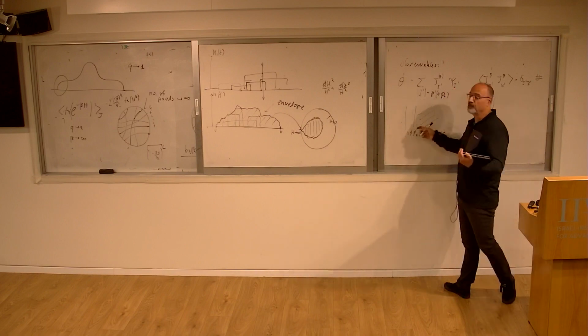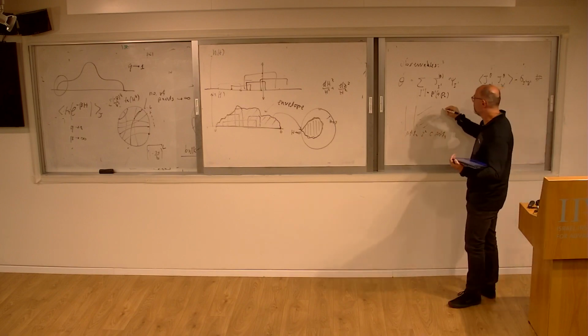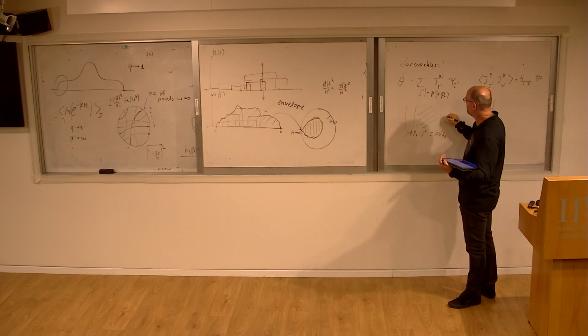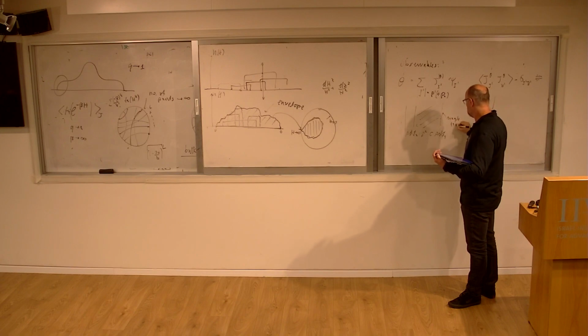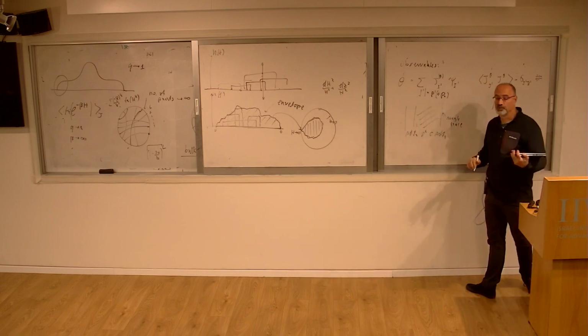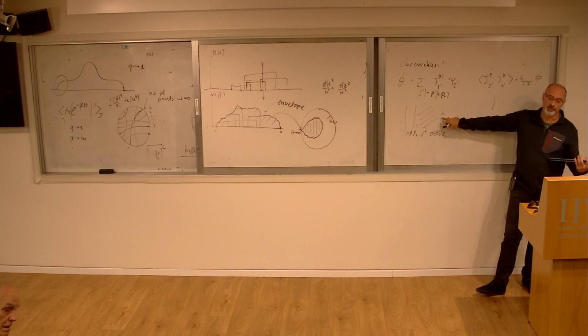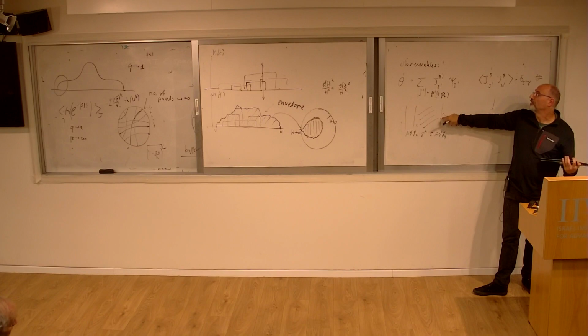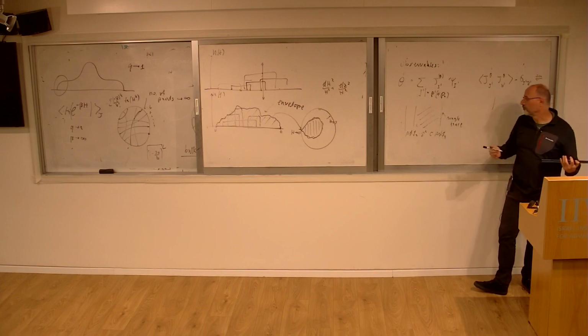And really your observables are determined by what are single trace operators that you can put on the boundary here. So one of the single trace operators that you put here is a local insertion of the energy momentum tensor that flows to the Hamiltonian.